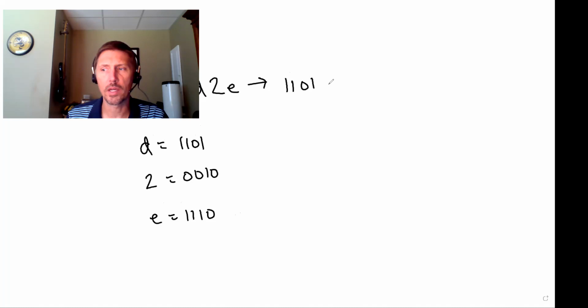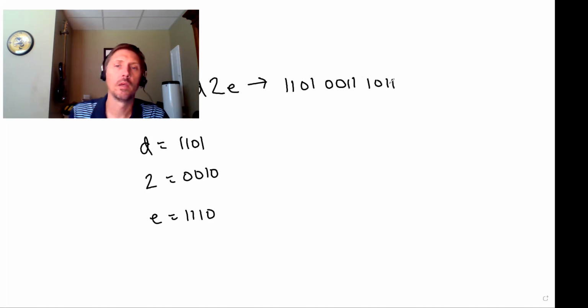Okay, and so if we were to write that out in binary, we would just write it like this: 1101. Often you group them in groups of 4, just so it's a little easier to read. So we would just write them all out like this. And then we can convert that to decimal as well. Again, we could look at the chart, but the chart's not going to help us as far as the big number, right?